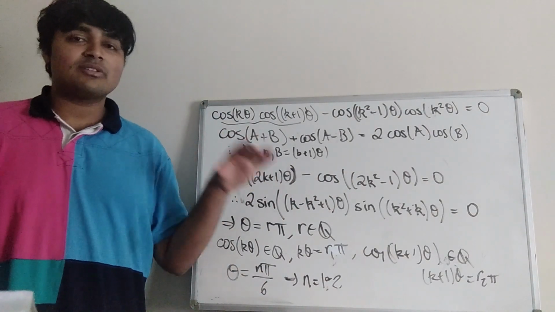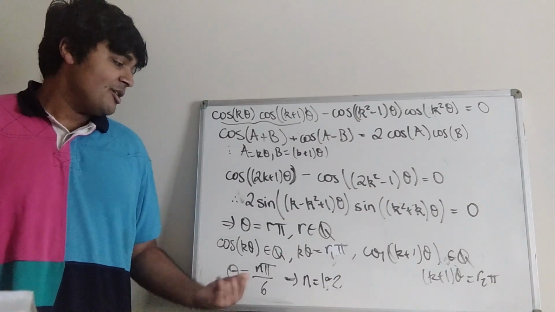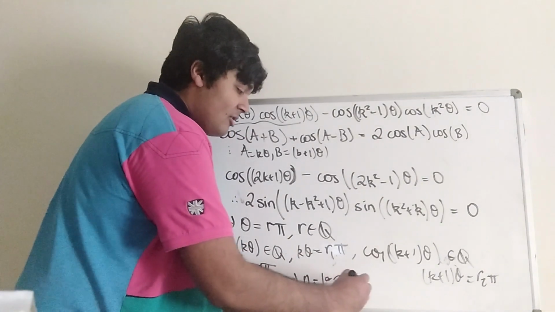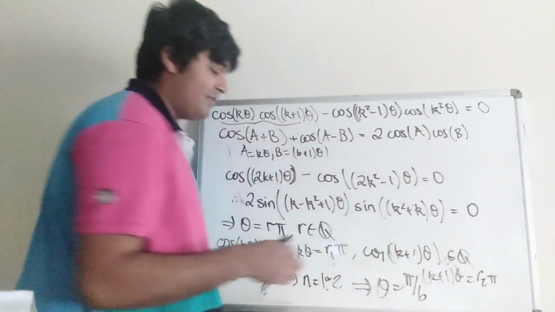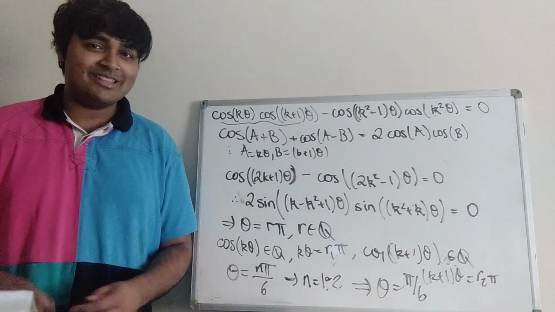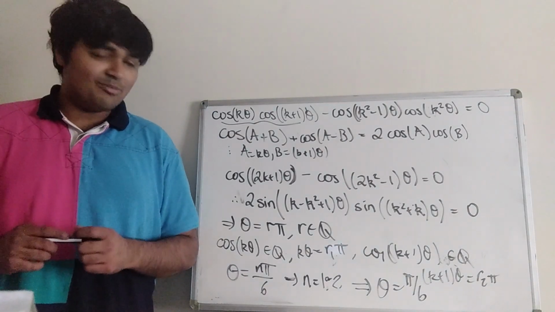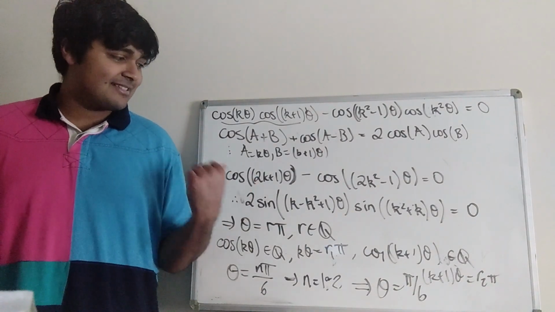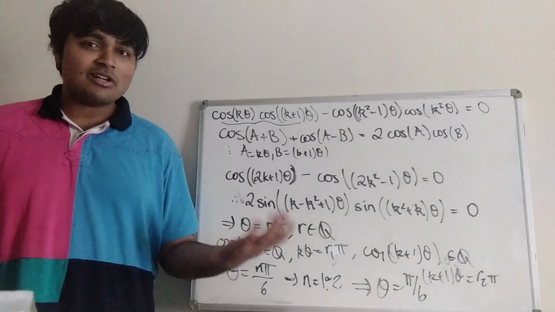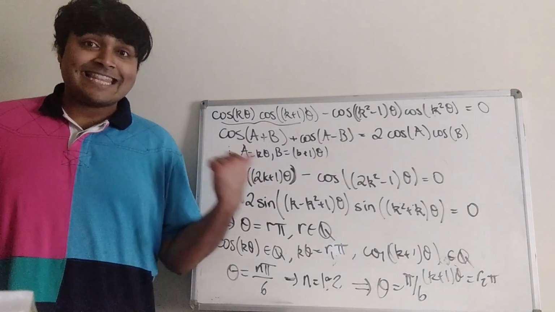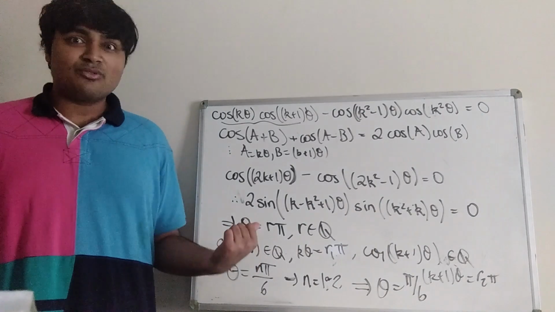But we're told that cosine of theta is irrational. So that must mean that n equals 1, or in other words, theta is equal to pi over 6, and we are done with this long, exhausting problem. Theta can uniquely be determined just from those three pieces of information we were given at the start, which I think is pretty fascinating. Theta equals pi over 6, that solves the problem.